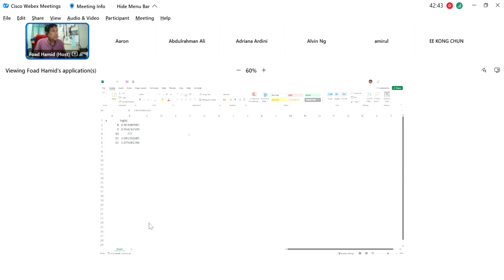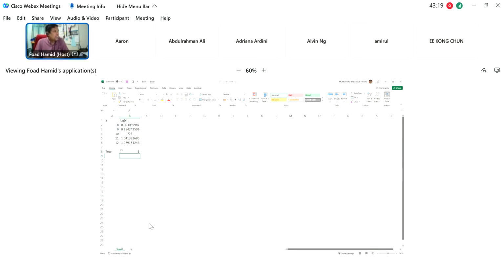We know that our true value is log base 10 of this value here. So the true value is 1.